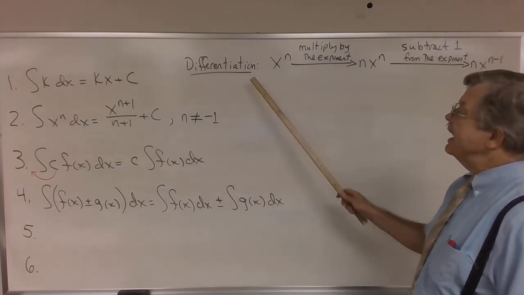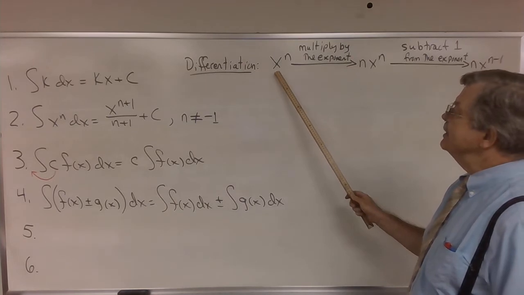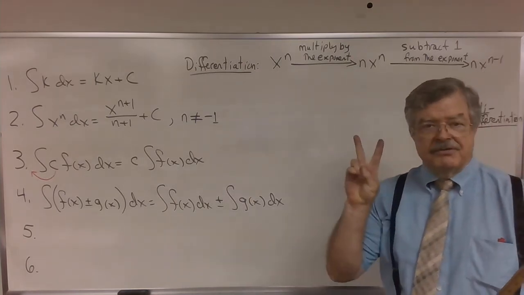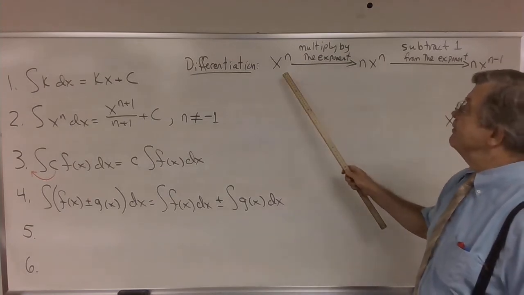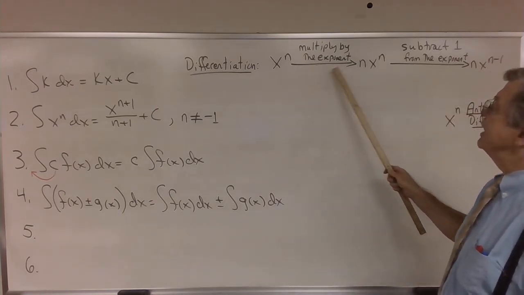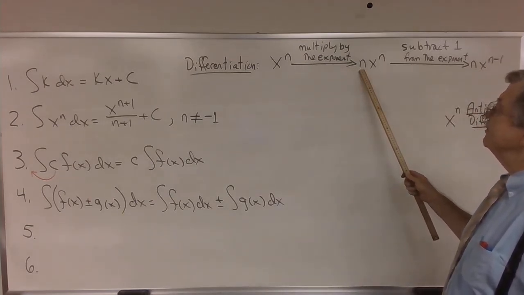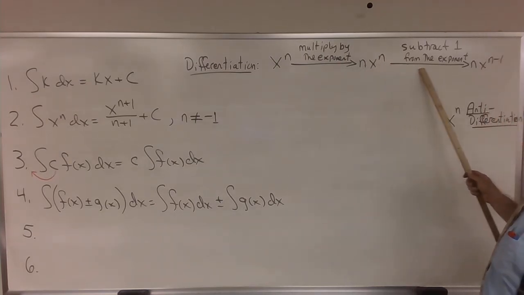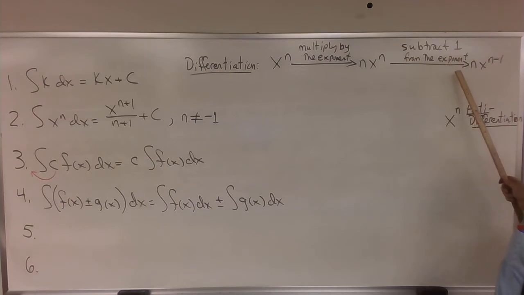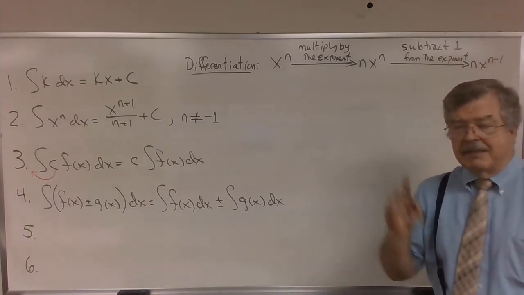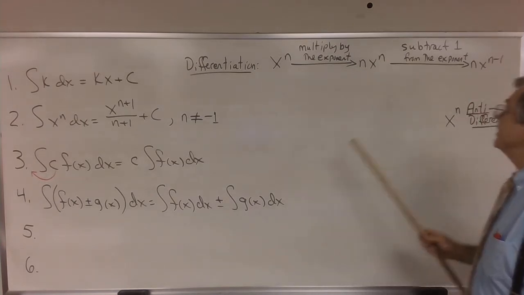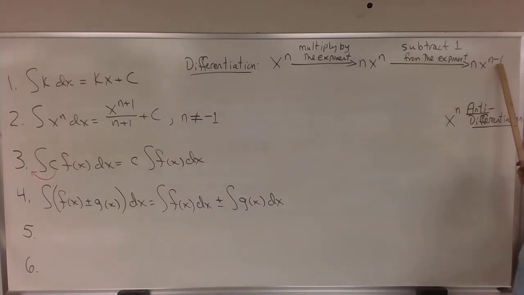Now think about how we apply the power rule in differentiation. Mechanically, it's a 2-step process. The first step is we multiply by the exponent, so we get n x to the n. And then the second step is we subtract 1 from the exponent. 2 steps: multiply by the exponent, subtract 1 from the exponent.